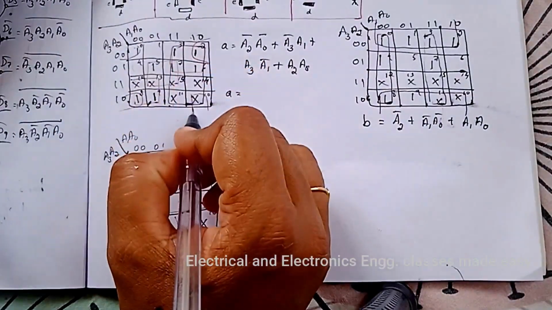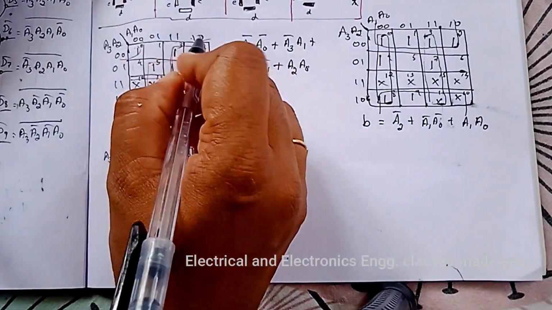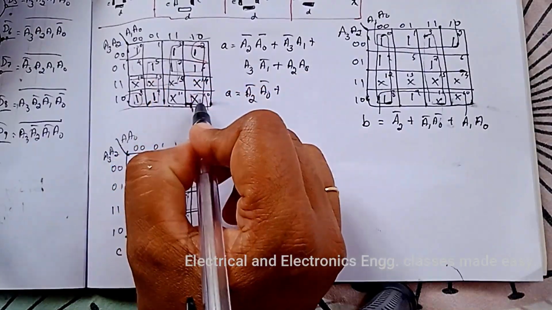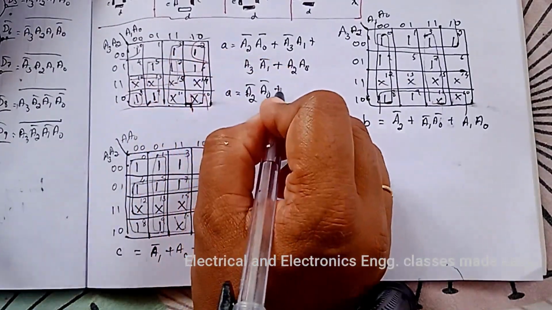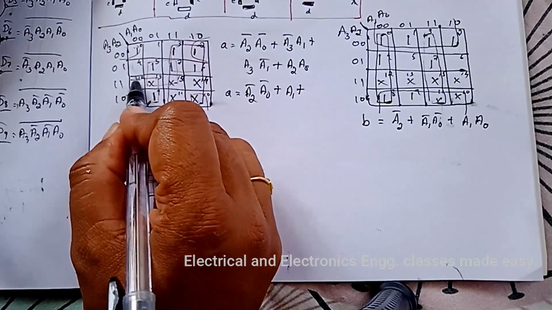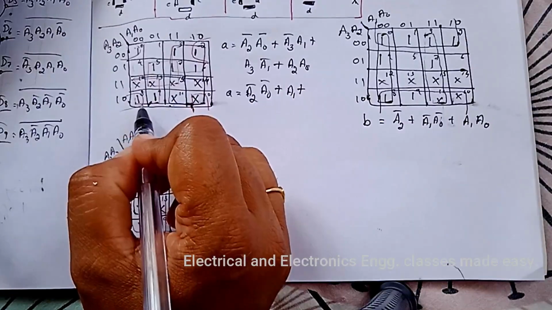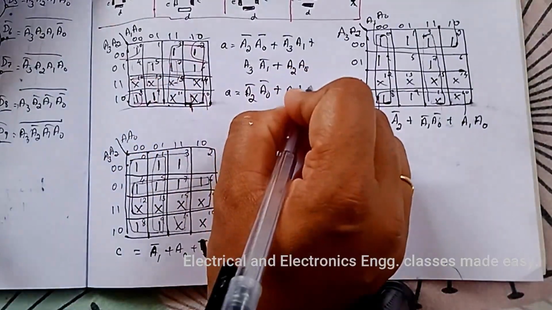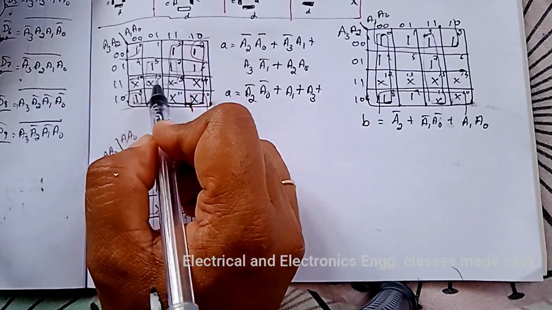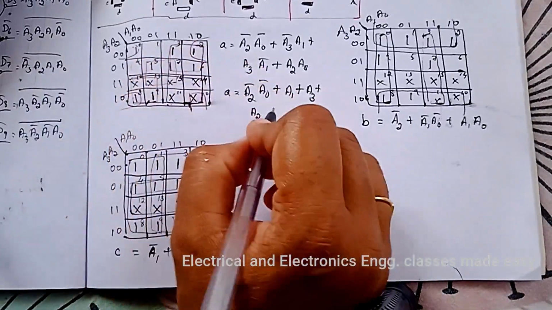So while combining these corner squares we get A2 bar and A0 bar, then plus while combining these 8 squares we get A1, then these 8 squares we can combine, so we get A3, then plus this is 4 squares, so combine these 4 squares and we get A2 A0.